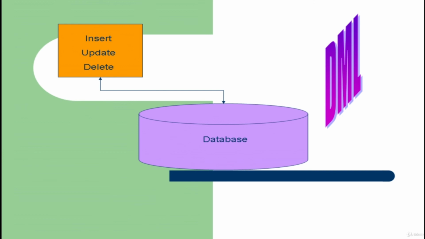Or you want to delete some of this data. For example, whoever is the person X who was inserted in the table, you want to get rid of that person from the table. It should not be there. Then you can issue a delete statement. That is your data manipulation language.